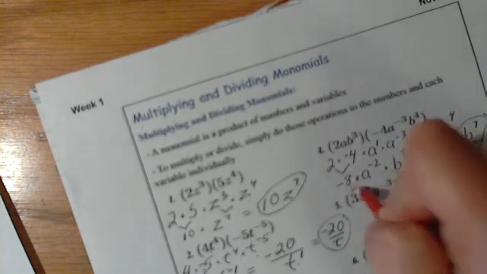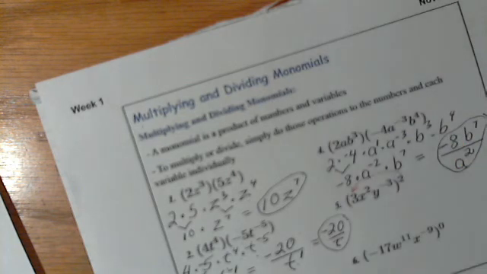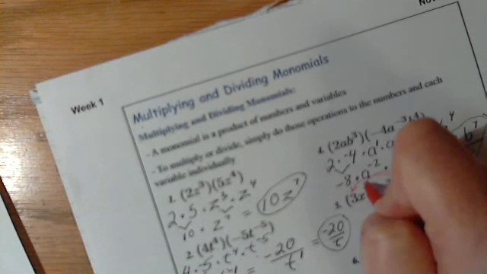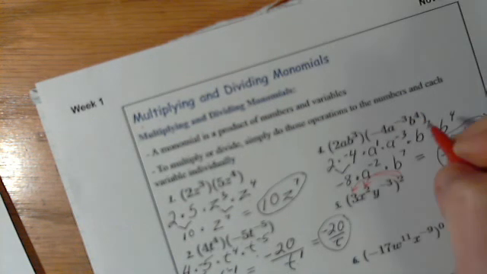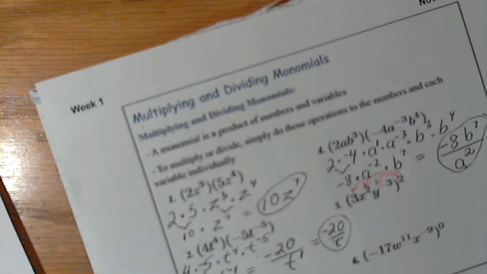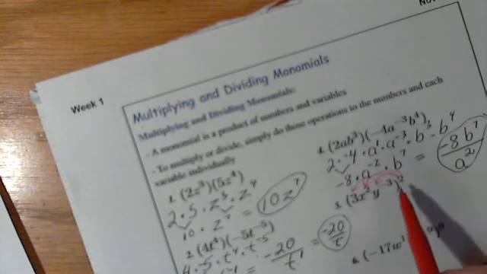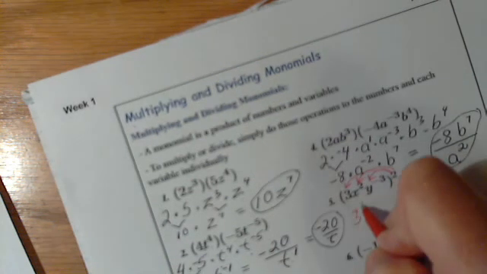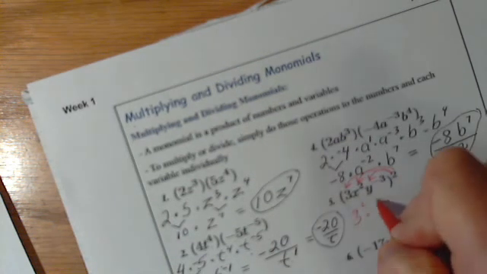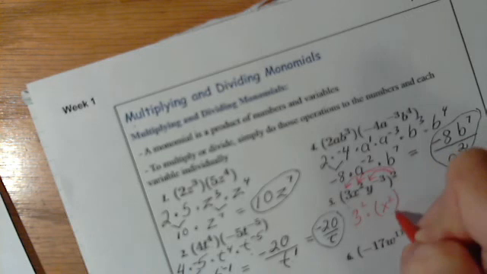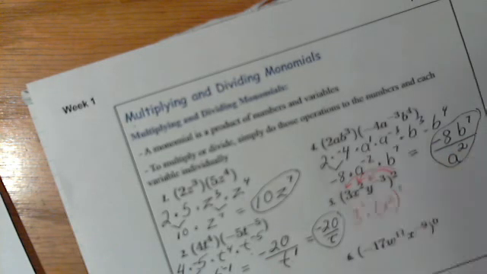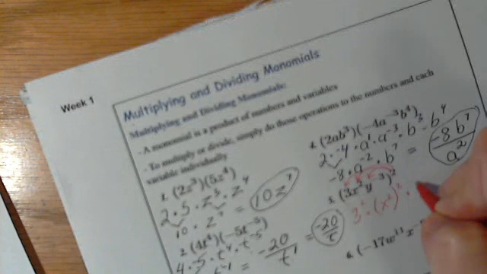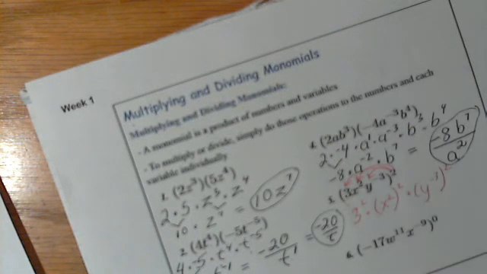So 3 has to get raised to the 2nd power, x squared has to get raised to the 2nd power, and y to the negative 3 has to get raised to the 2nd power. So let's rewrite this, distributing that power. 3 to the 2nd power times x squared, I'm going to put him in parentheses, to the 2nd power, times y to the negative 3 to the 2nd power.